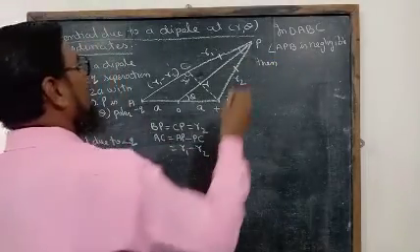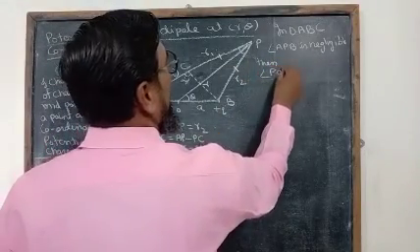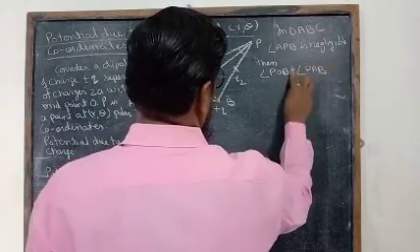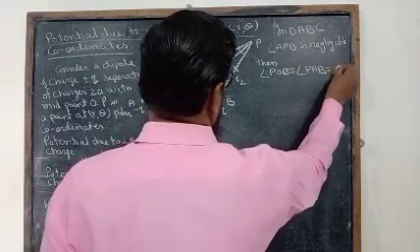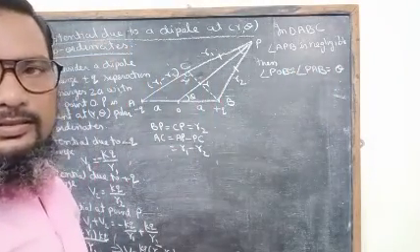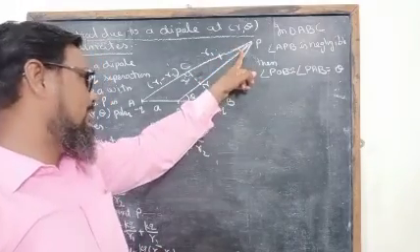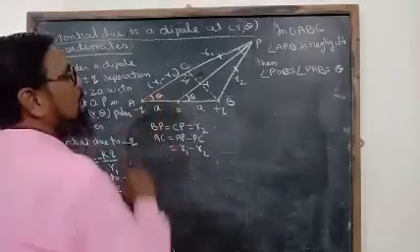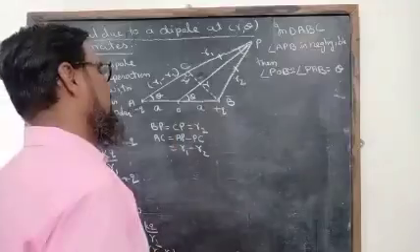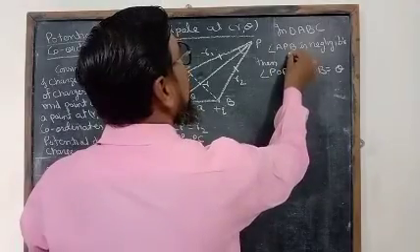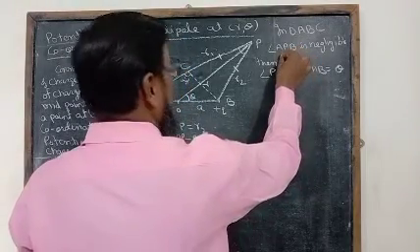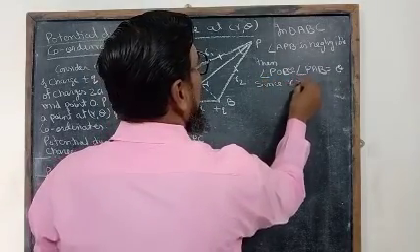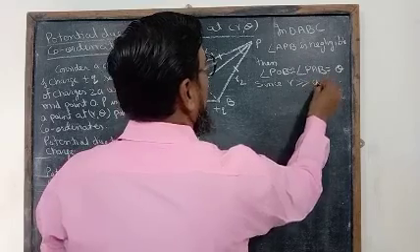Then angle POB is nearly equal to PAB, which is equal to theta. If this angle is negligible and this angle is theta, then this angle will also be equal to theta, and it is only possible when r is very much greater than A.